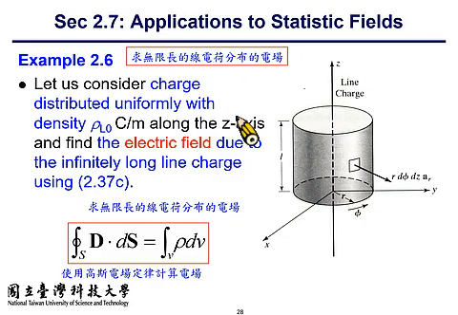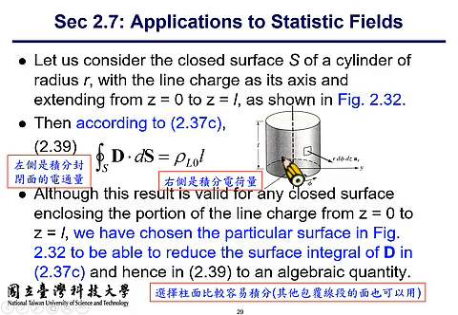So what we can do is try to calculate the electrical flux, the surface integral of electrical flux along this region. So for this cylindrical region, using the Gauss's law for the electrical field, the right-hand side is relatively simple, which is the total electrical charge enclosed within the cylinder.